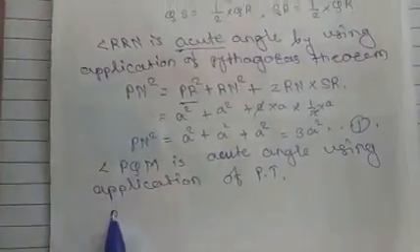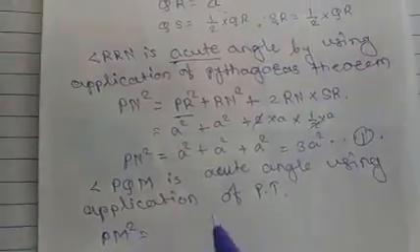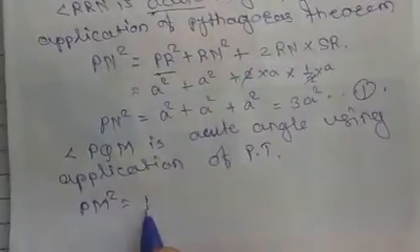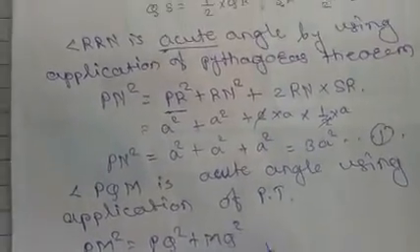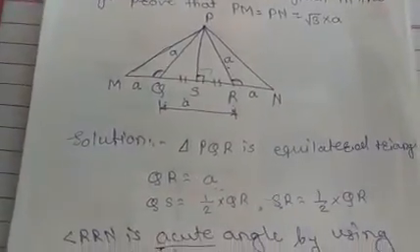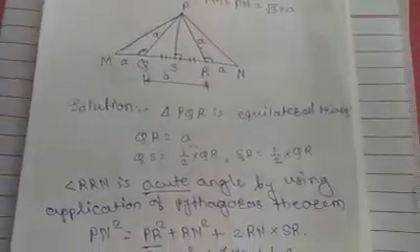So PM square is equal to the adjacent two sides, PQ square plus MQ square, plus 2 times MQ into QS.